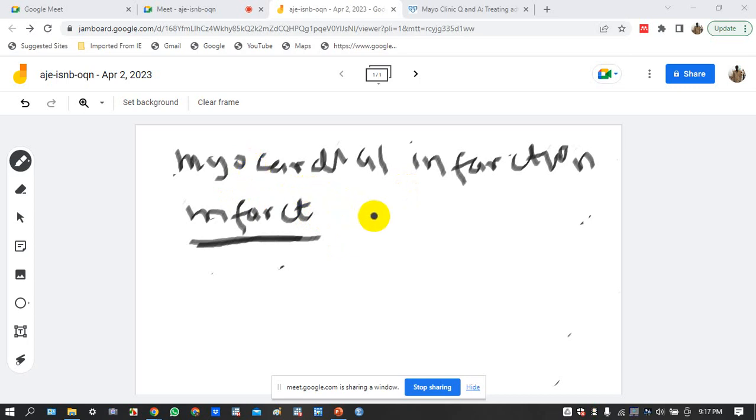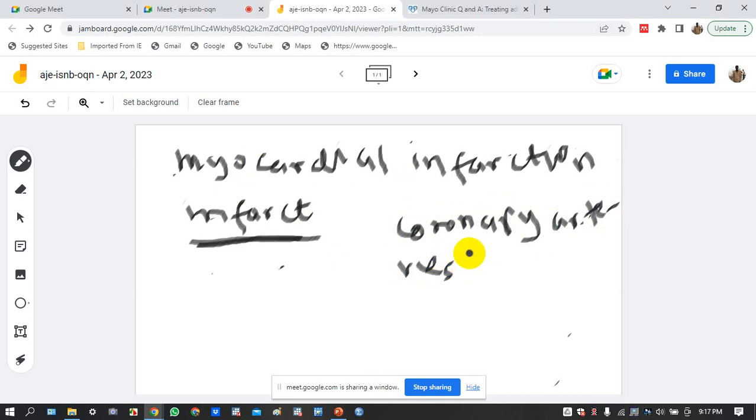So coronary arteries are arteries which supply blood to the heart. The heart is also called myocardium.